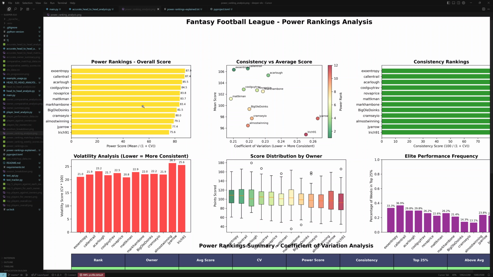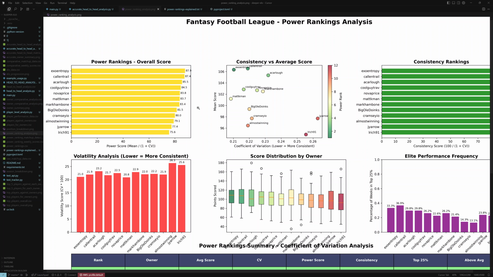Everything in here is built off of really two metrics, or one metric maybe. One, it's just the average score. Even across seasons and scoring changes, we all play by the same rules. Your average score isn't even indicative of what you're going to score today, but since we all play by the same rules every year, the average should be higher for the better teams and lower for the worst teams. So that's just the mean, right?